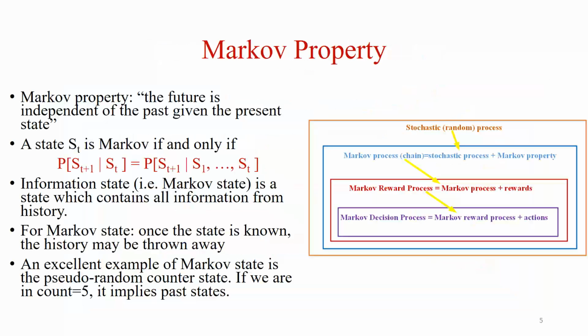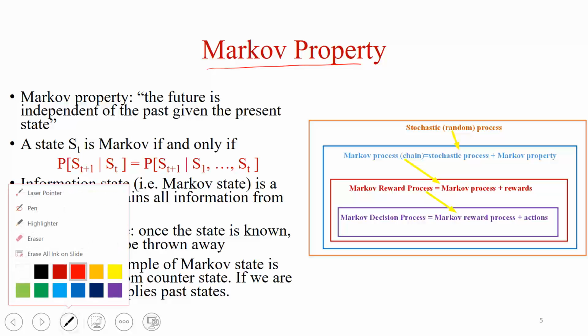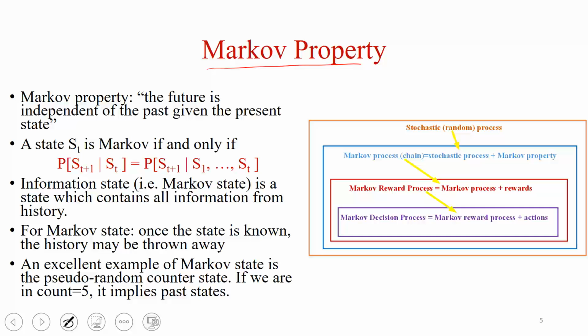Now, what is the Markov property? The Markov property basically states that if you know the present state, then this is enough to determine the next state. You don't need to know the history.